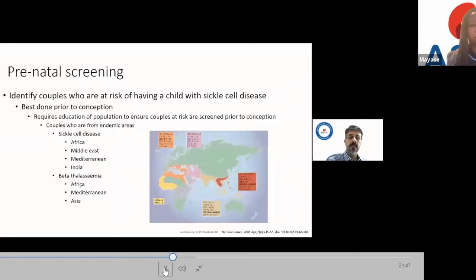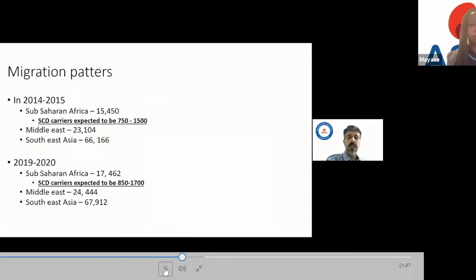Beta thalassemia carriers are found throughout the sub-equatorial regions: Africa again, but also the Mediterranean, parts of the Middle East and many parts of Asia. There is a high rate of carriers for beta thalassemia, so it's important that this is recognised and the testing is done appropriately.